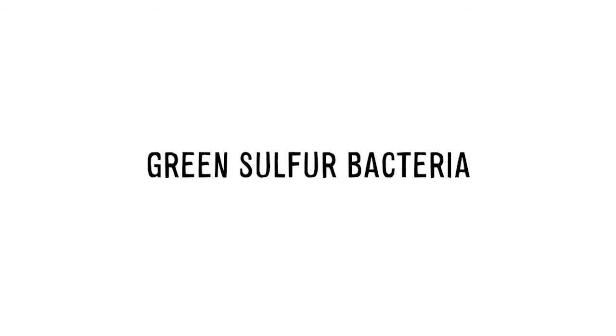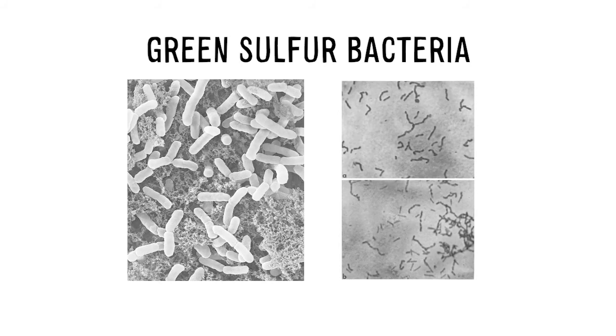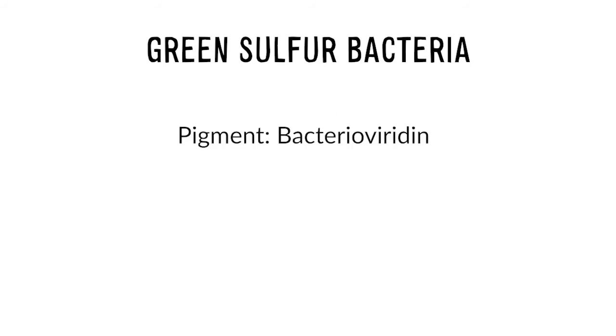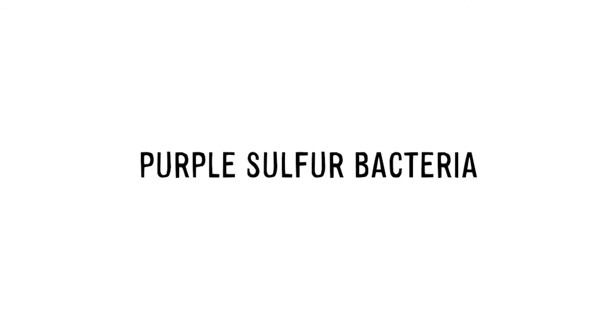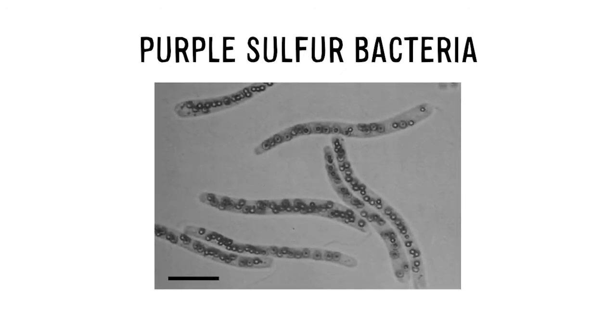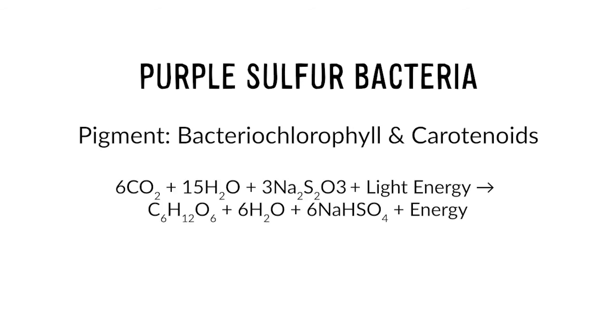These are the different types of anoxygenic photosynthetic bacteria. First, we have the green sulfur bacteria such as the Chlorobium species and the Chloropseudomonas species, which has the bacterioviridin pigment, and this is its reaction. Next, we have the purple sulfur bacteria such as the Thiospirillum species with the pigment bacteriochlorophyll and carotenoids, and this is its reaction.